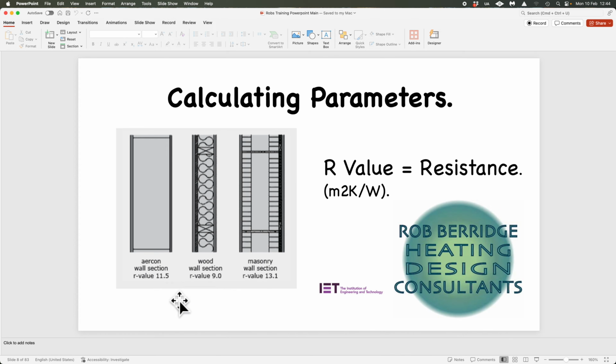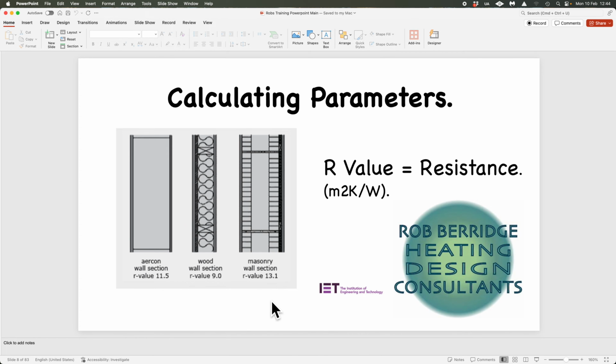You can see we've got 9, 11.5 and 13.1. So what we need to know is, what is the resistance that we want? Do we want more resistance or do we want less resistance? Well, the obvious answer really is we want more resistance. So the higher the resistance value, the better the construction is for heat loss, or to mitigate heat loss.